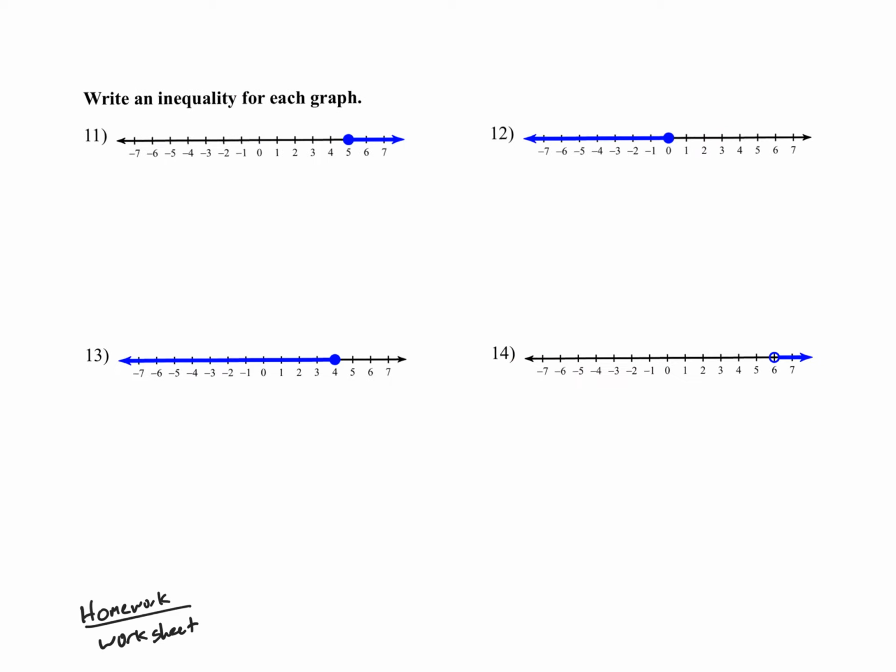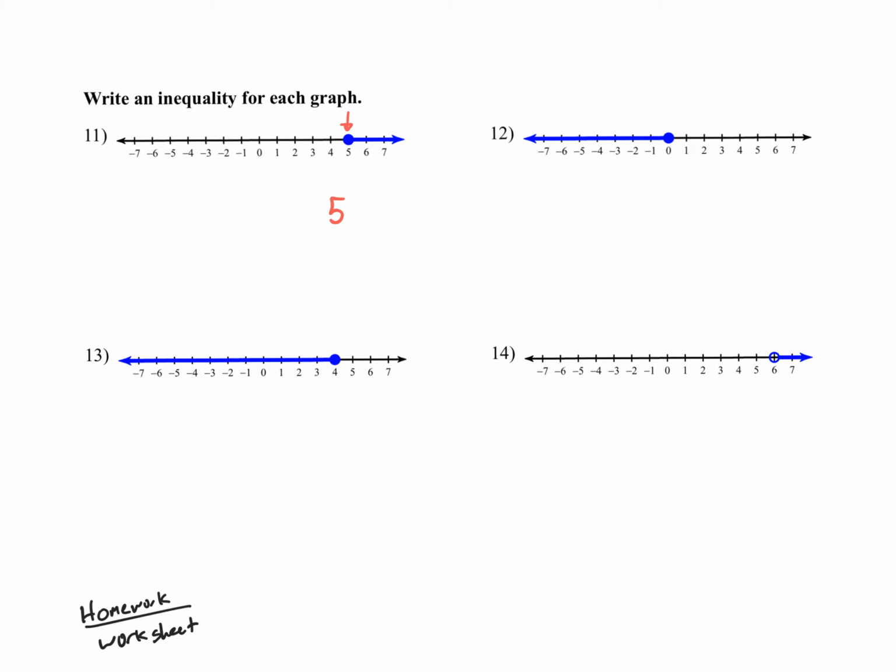All right, now this is actually just the opposite of what we were just doing. Before, they gave us the inequality and we had to graph it. Now they give us the graph and we have to write the inequality. So that's not too bad. I think we can do this. So here we go. This number is a 5. So I'm going to write the 5. And we know it's going to be an or equal to.